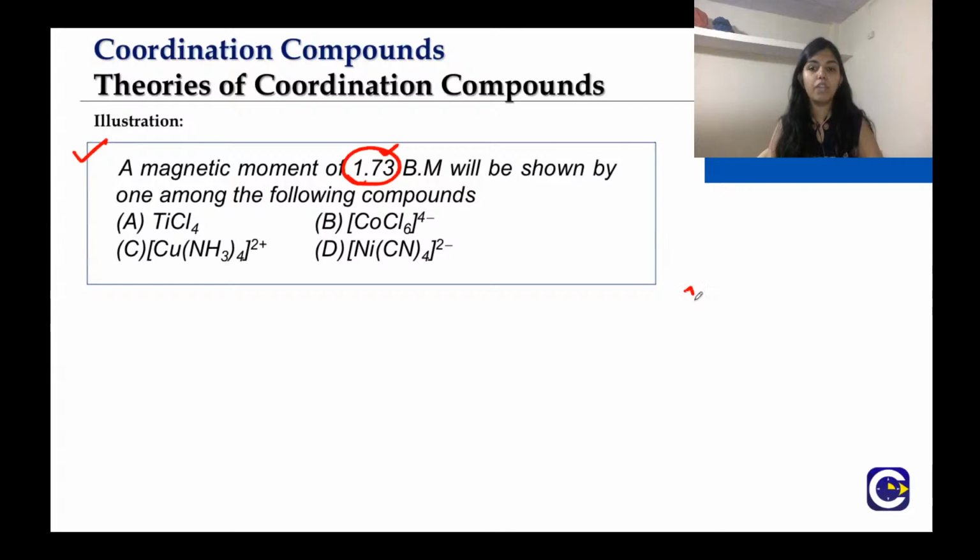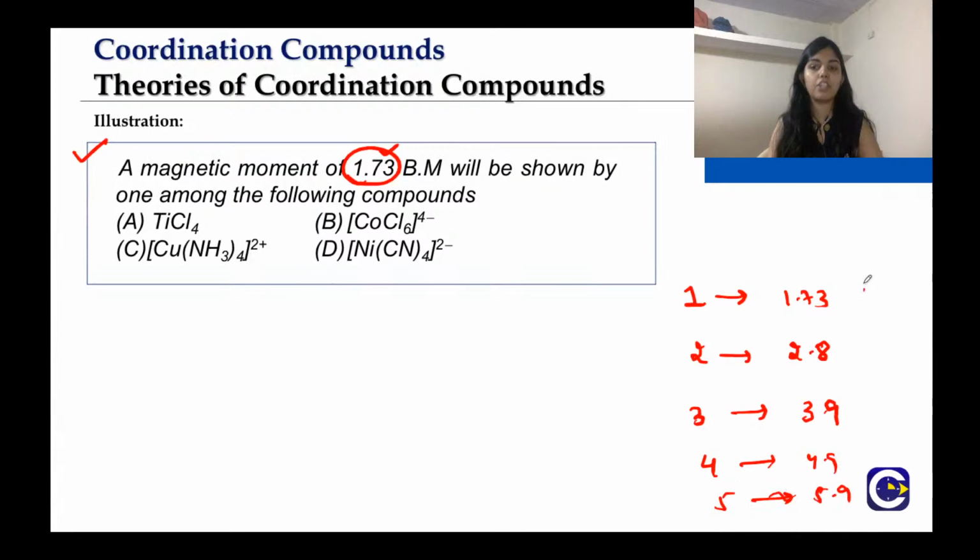Already I have told you that one unpaired electron will give you 1.73, two unpaired electrons will give you 2.8, then 3 unpaired electrons will give you 3.9, then 4, 4.9, 5, approximately equal to 5.9. This is a shortcut that you can follow. These are the number of unpaired electrons and these are their magnetic moments.